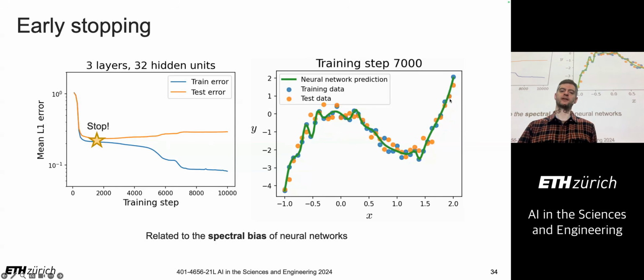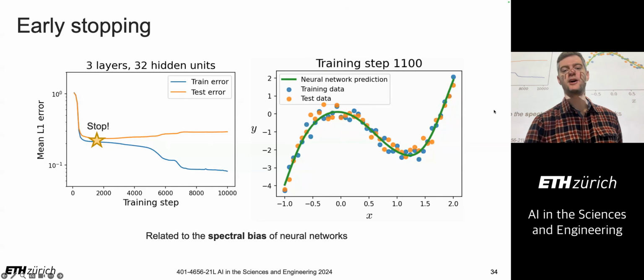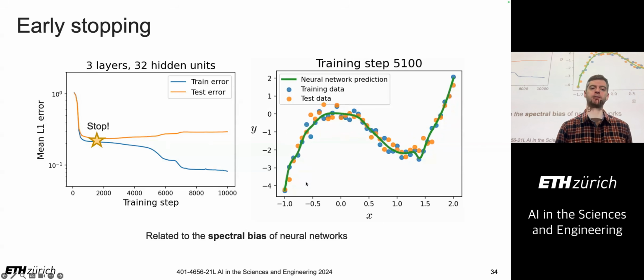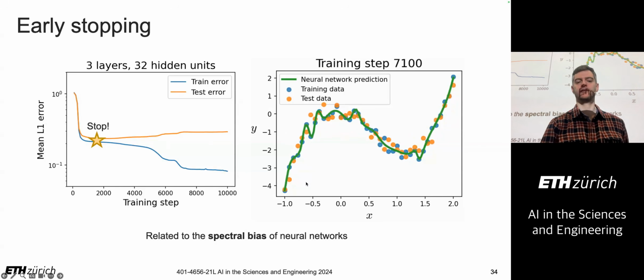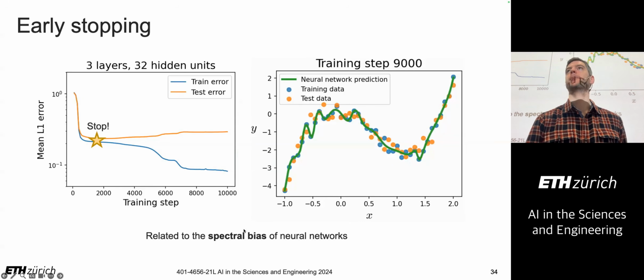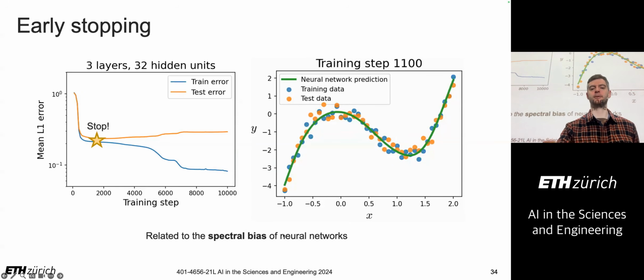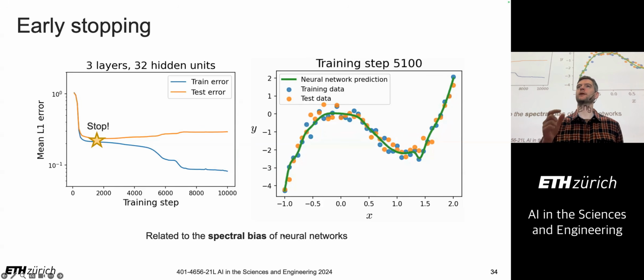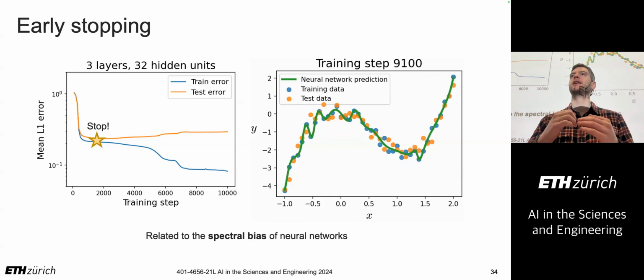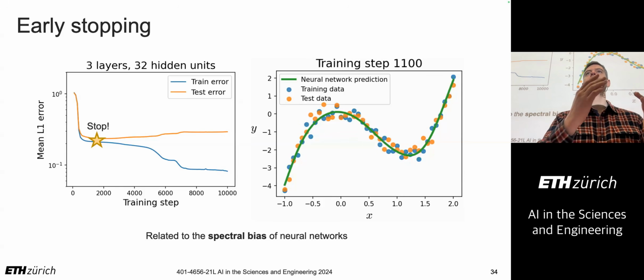So it's really interesting to study why that is the case. Why does the network halfway through training have a nice smooth approximation? At least for fully connected networks, there's this property which is known as spectral bias. This is exactly this property where they tend to learn low frequencies in the data much faster than high frequencies in the data. This can already be a nice built-in regularizer of the network.